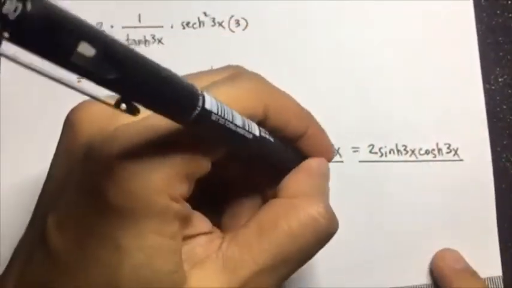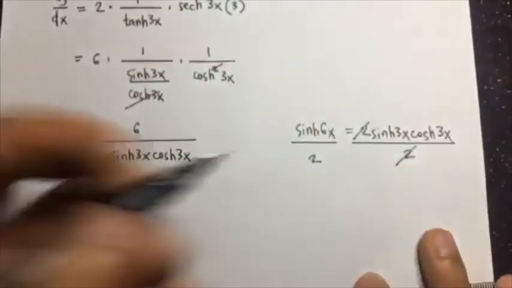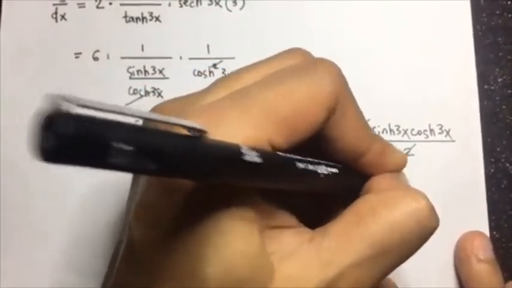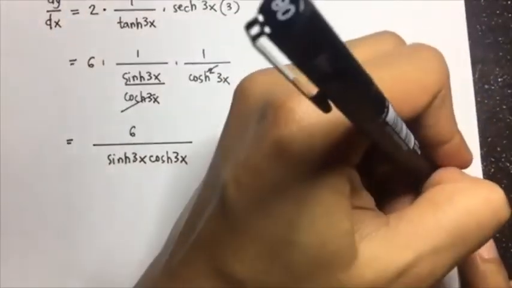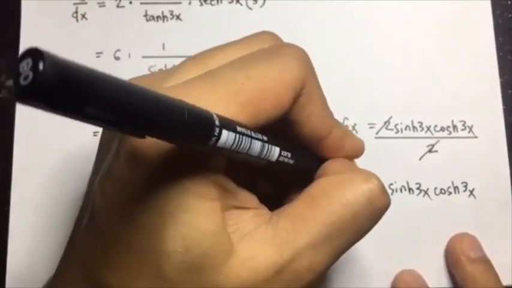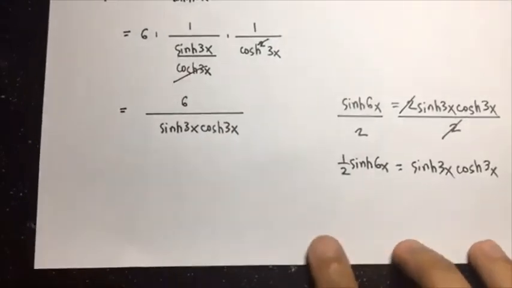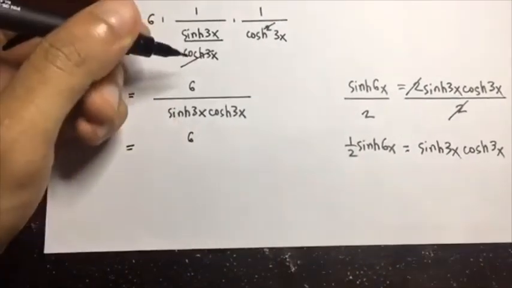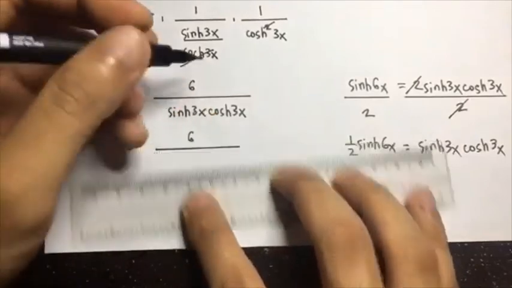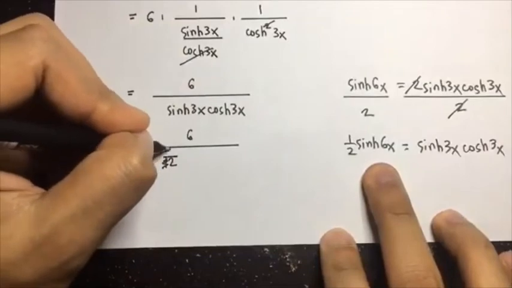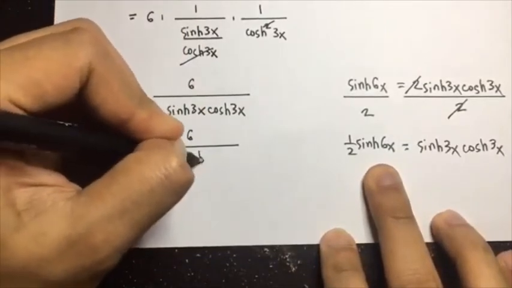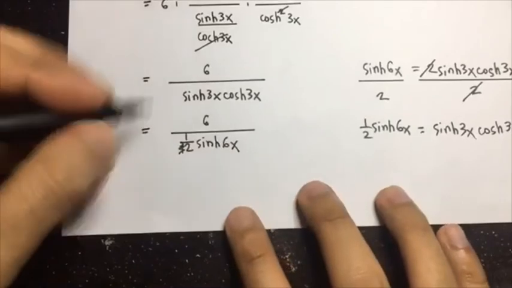If we divide both sides by 2, then the hyperbolic sine of 3x times the hyperbolic cosine of 3x is equal to 1/2 of hyperbolic sine of 6x. Substituting that, this will become 6 over 1/2 hyperbolic sine of 6x.